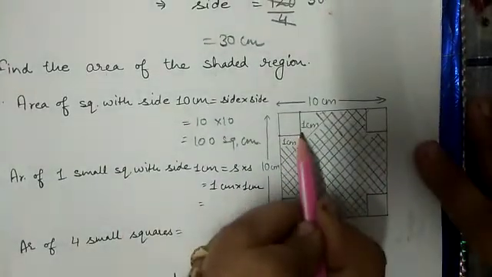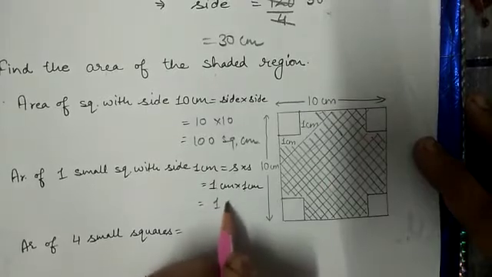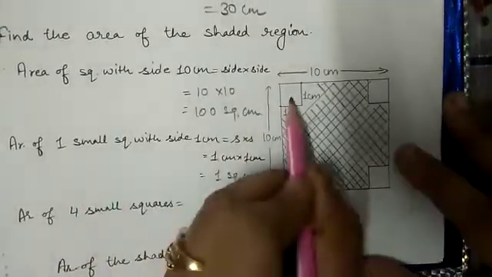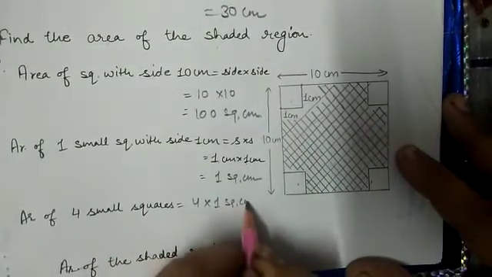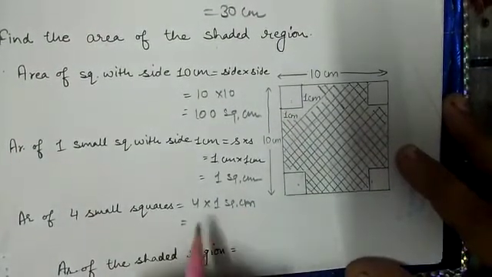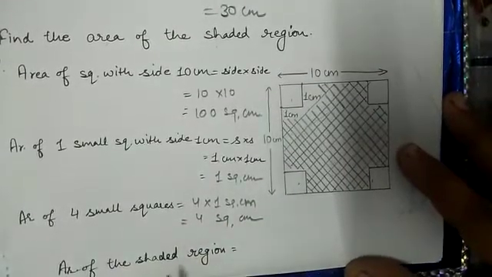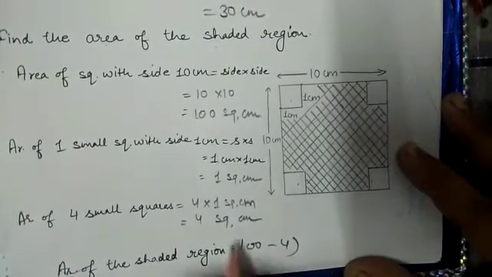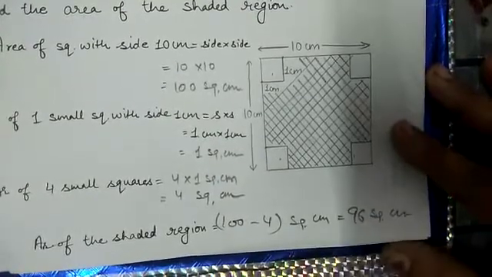The area of one small square will be equal to 1 into 1 centimeter square. Now there are 4 such squares, so to get the area of all 4, we will multiply this value by 4 square centimeters. Now the shaded region will be equal to 100 minus 4 square centimeter, that is equal to 96 square centimeter.